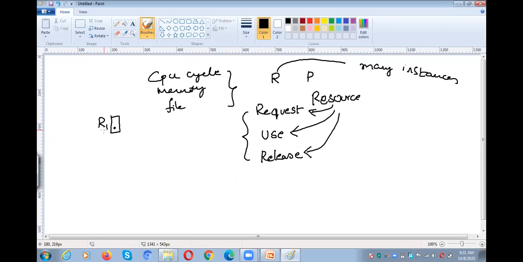That means only one resource of that type is available. For example, there is a resource called R2. We have multiple resources available of type R2. So each dot represents an instance. That means in a system, three R2 type resources are available, and only one R1 type resource is available.